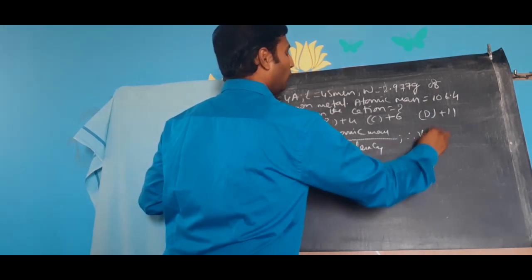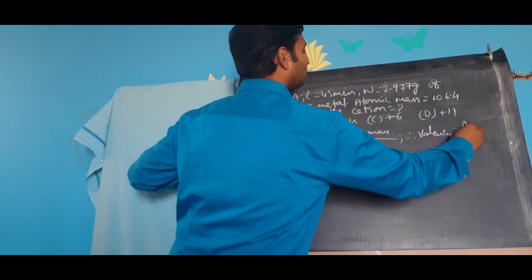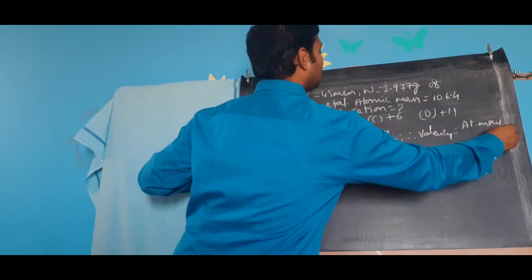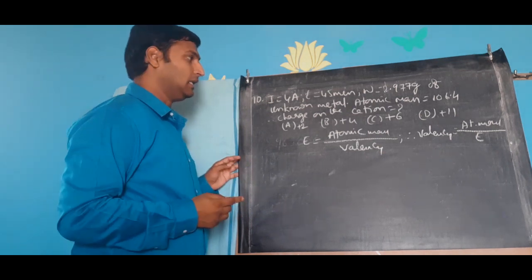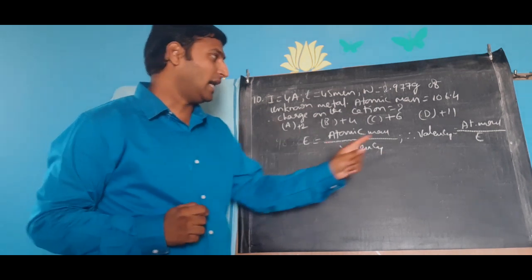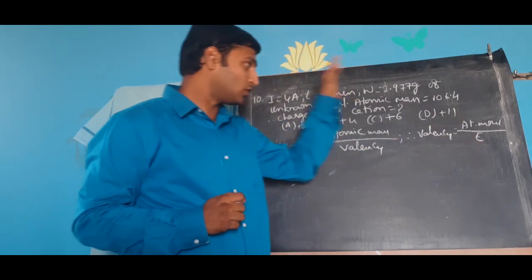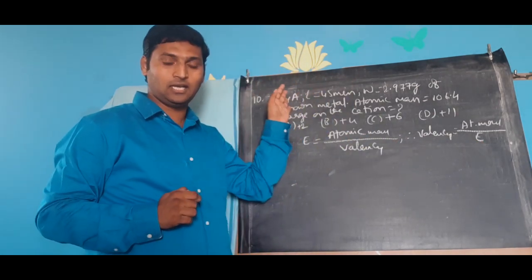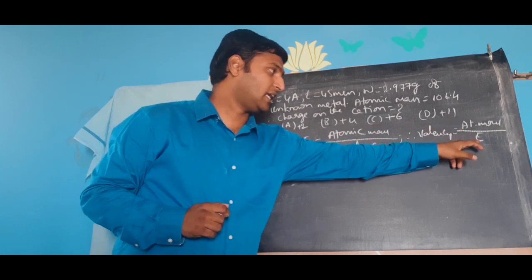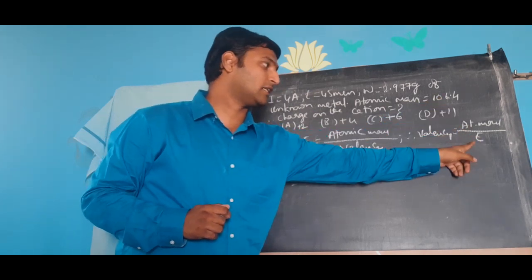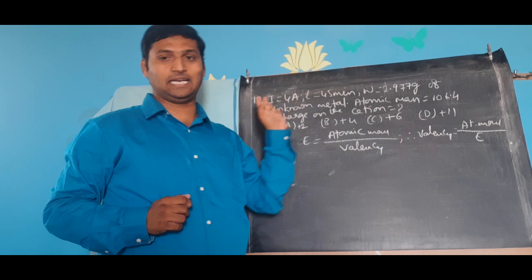Therefore, valency will be equal to atomic mass divided by equivalent mass. So simple. So if you could identify the equivalent mass of this element, then divide the atomic mass by the equivalent mass and get it.